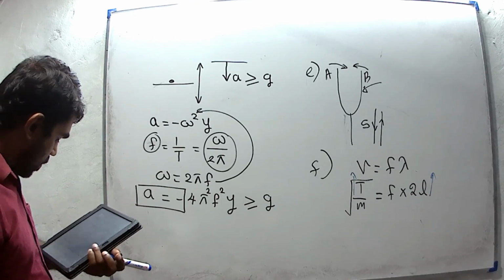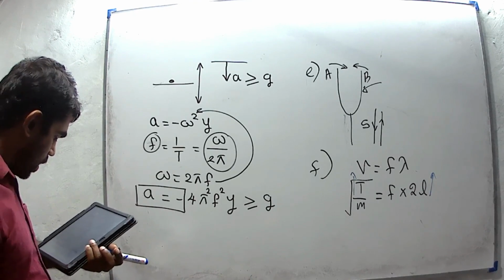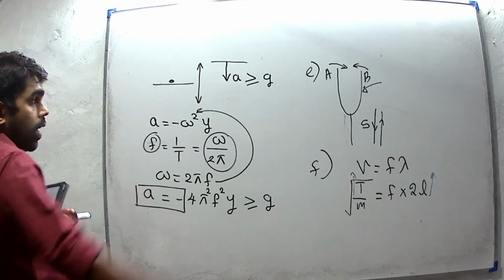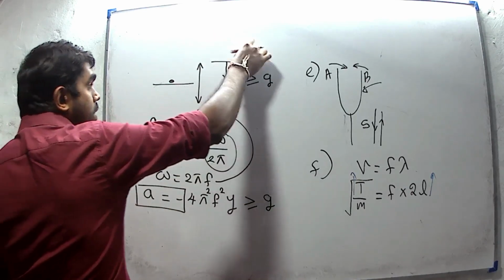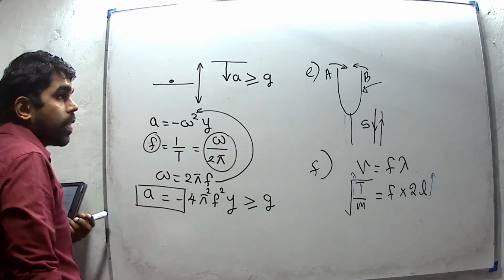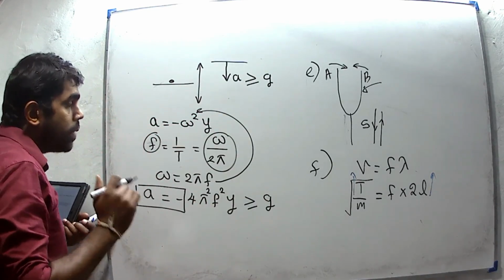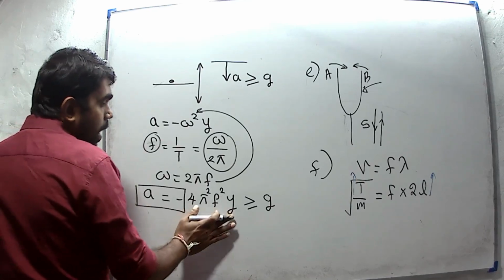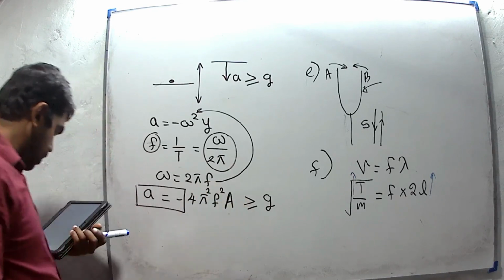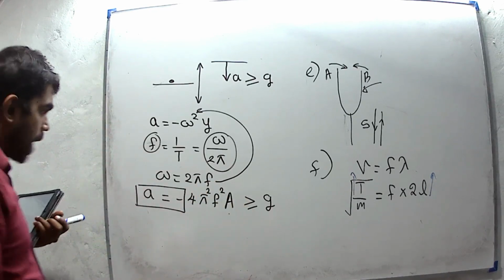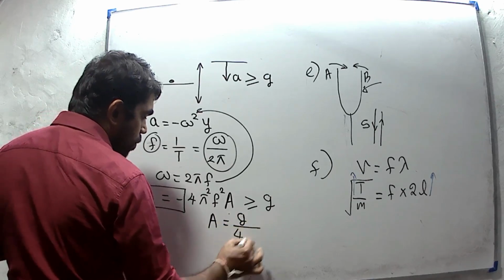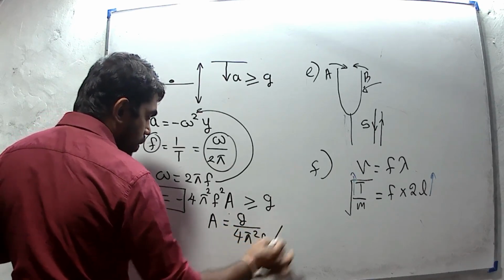Now in the question, we have to write an expression for the amplitude. At this phase, it means the stage is at the position with maximum displacement. Therefore, we can substitute y as amplitude. Then we can make amplitude the subject: amplitude equals g divided by 4 pi squared f squared.